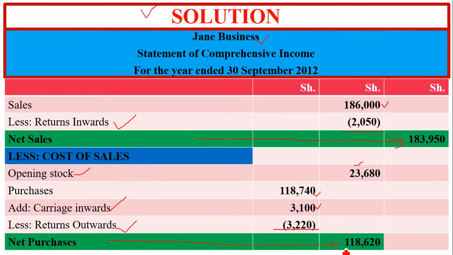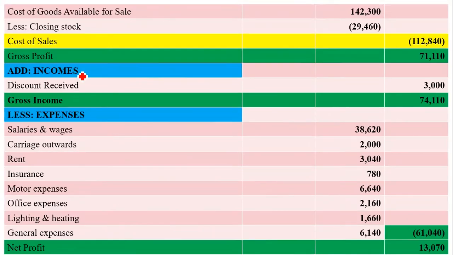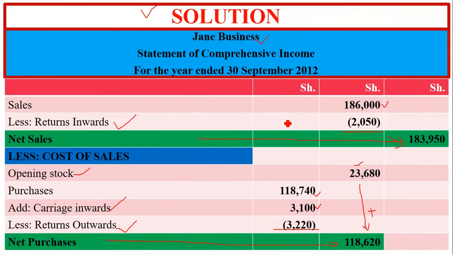And net purchases, we normally add it to the opening stock, so that you can get what? The cost of goods available for sale. Remember, a line like this in accounts means addition.